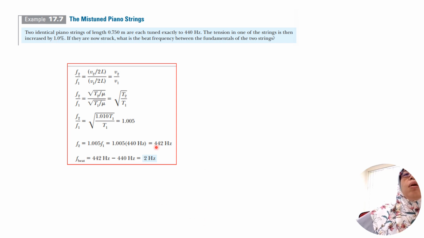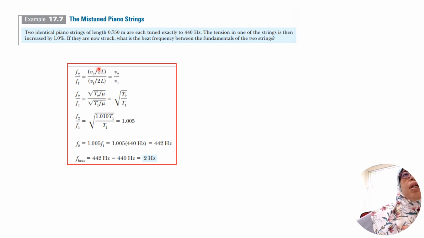Now, all methods adalah dengan menggunakan 440, 0.75, kita cari mu dahulu. Bila cari mu, nanti masuk balik dalam expression nV over 2L ataupun v over lambda, v is square root of tension over mu. Okay. So, dan kita cari apakah nilai f dia yang baru apabila kita tinggikan tension tu sebanyak 1%.